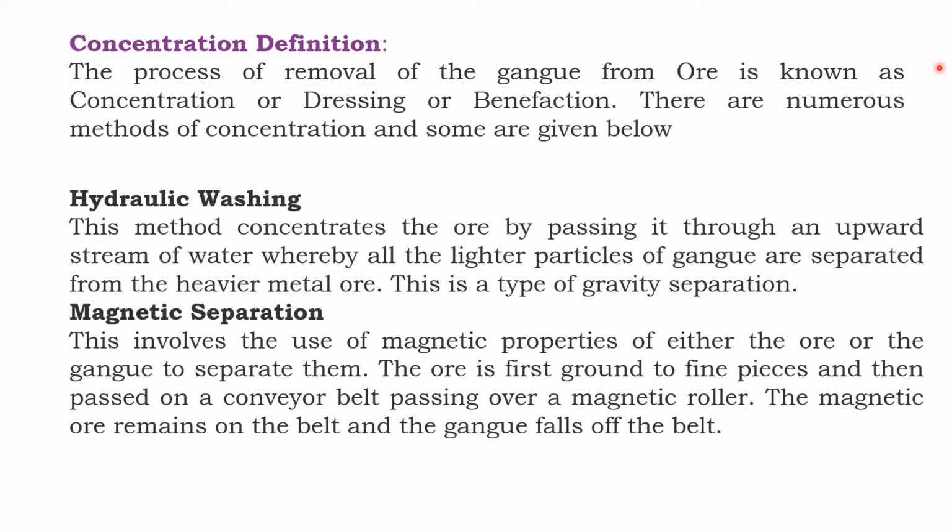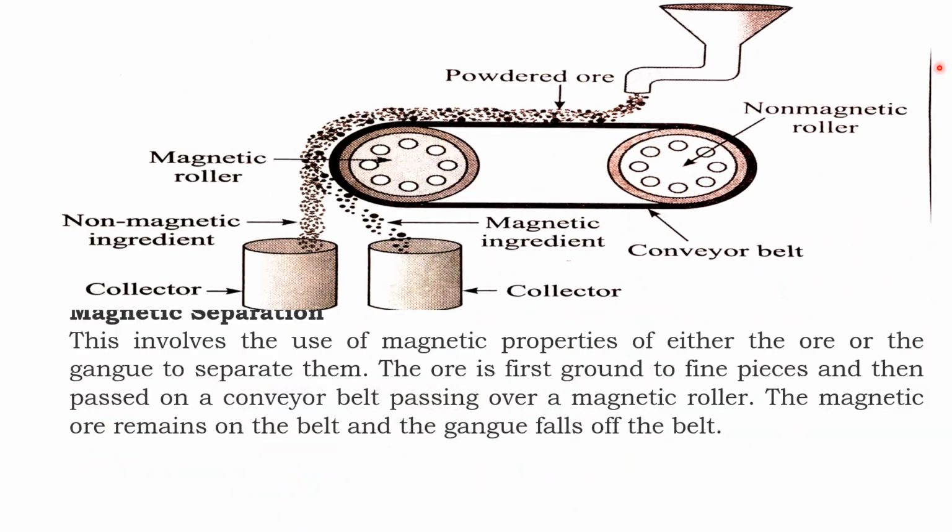We pass the ore and the impurity through a conveyor belt. See here, this is the conveyor belt. We pass the ore material here. So this ore material will pass through the conveyor belt, and these are the magnetic rollers. What happens?